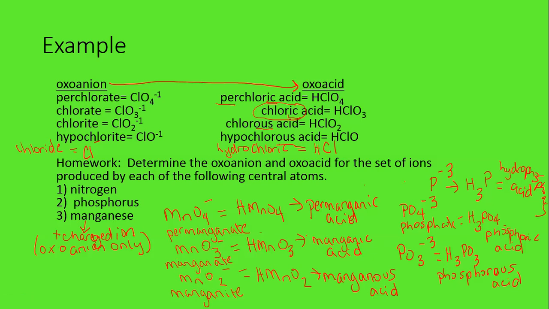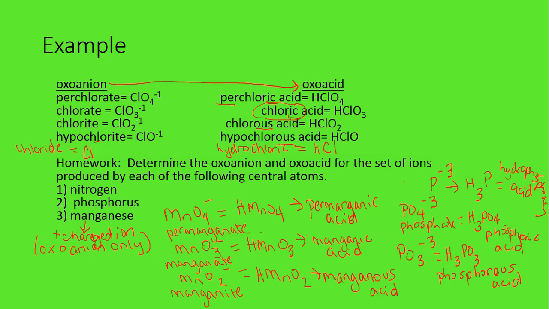I encourage you to go back and look at some of the acids that you were given in your summer assignment. You had been asked to look at some acids and name them as part of the naming compounds section. I didn't necessarily test you on it, or if you were given a question on the test in terms of naming, I let you name it just regular, just calling it like hydrogen chloride or something like that.